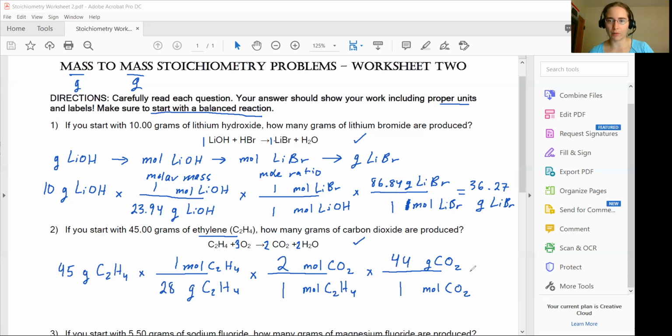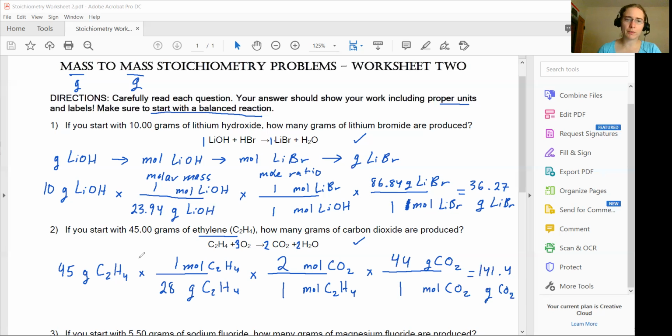And now when you do that calculation, 44 times 2 times 45 divided by 28, you get 141.4 grams of CO2.